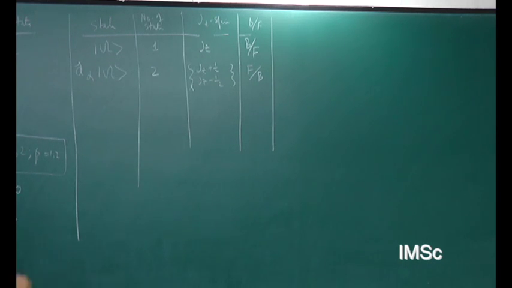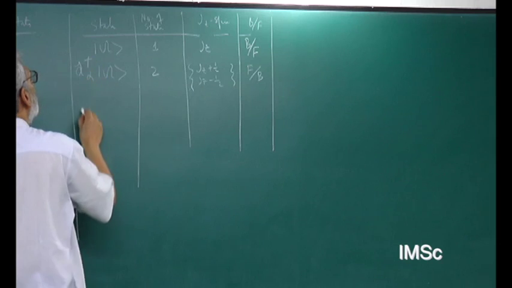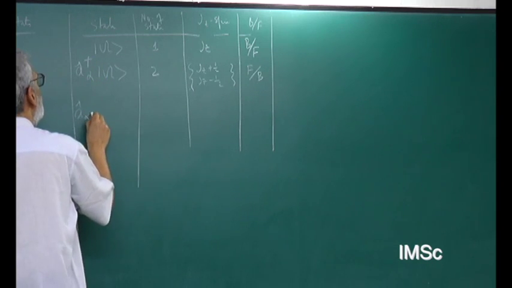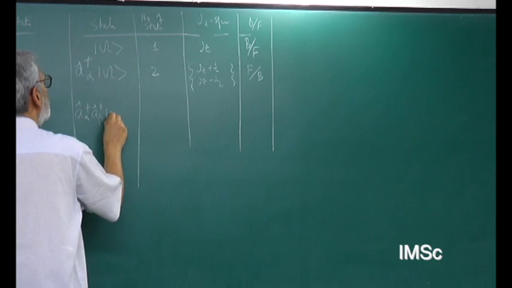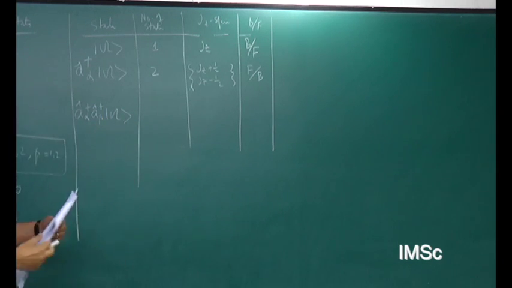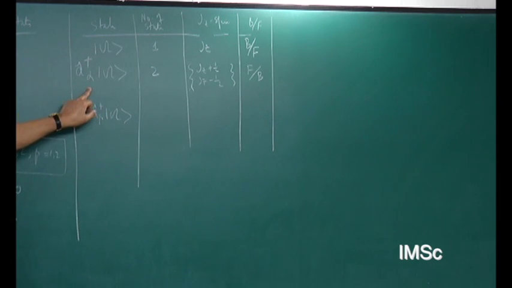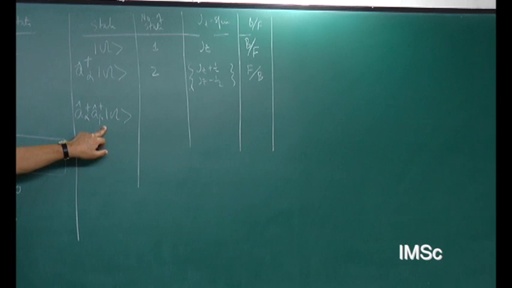Now, let me, sorry, this was dagger, right? Act two of them, because dagger creates. So two of them, alpha takes values 1 and 2. They cannot take the same value 1, 1, because that is the same fermionic oscillator squared and that is 0. So it can take 1 and 2, or 2 and 1.